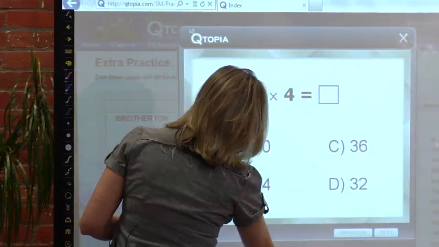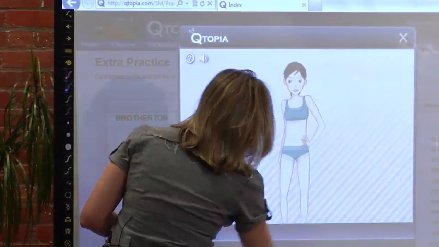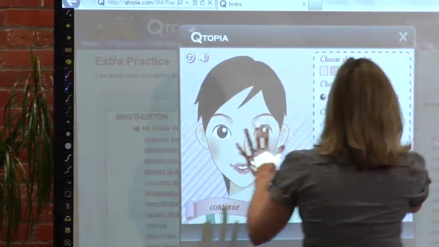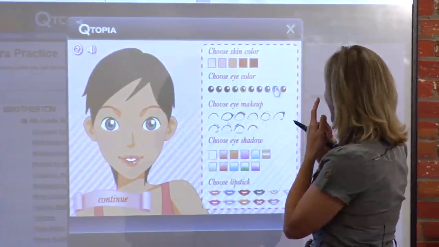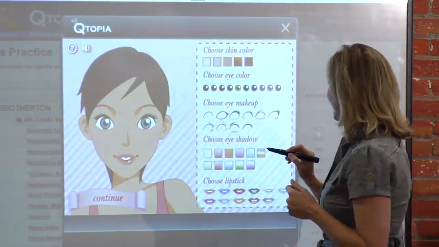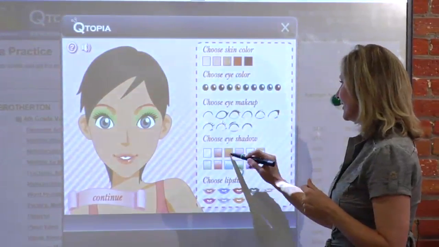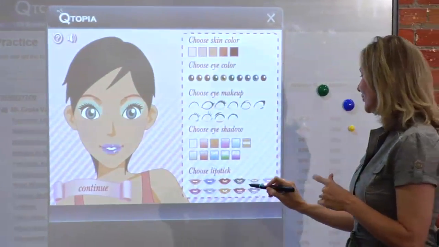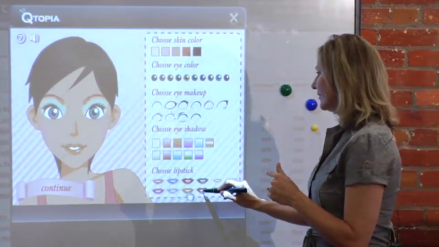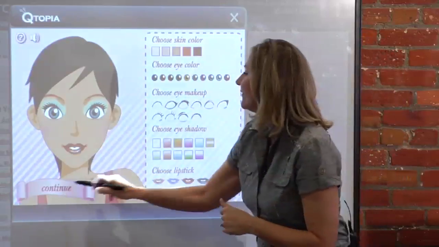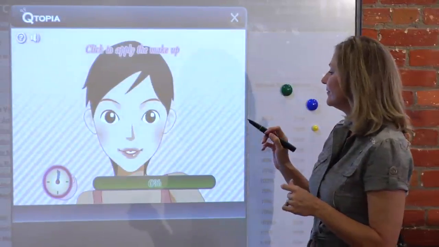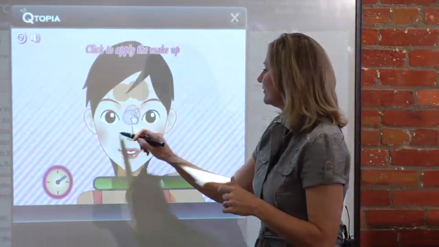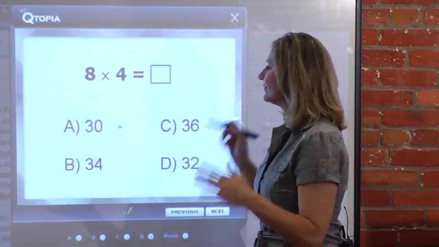D. Submit. Okay, we're gonna play. Blue eyes. I want some of this. No, I like that. I like that. Okay, there we go. Blue. No. Okay, here we go. That looks like me. Not really.